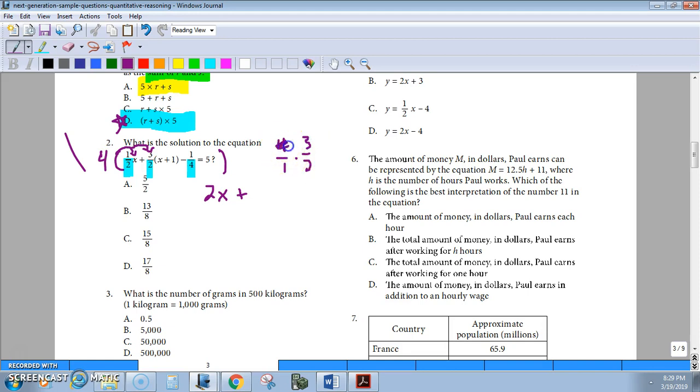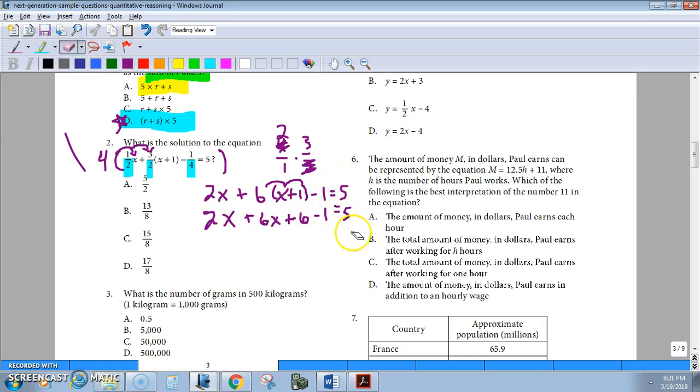And you can cancel this 4 and this 2, and the 2 turns into 1, but the 4 turns into 2. So in my head, I'm thinking, okay, 2 can go into 4 twice, and 2 times 3, the numerator, is 6. So that's going to be 6 times x plus 1 minus, and then 1/4 times 4 just becomes 1 equals 5.